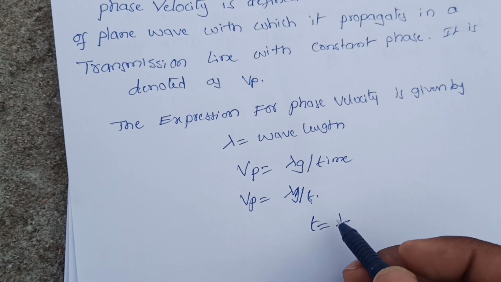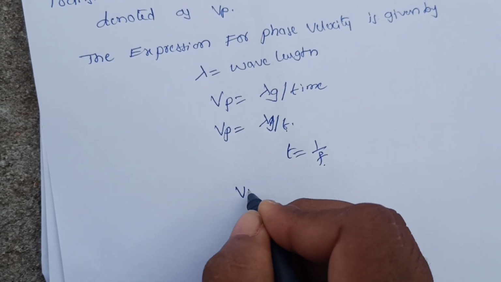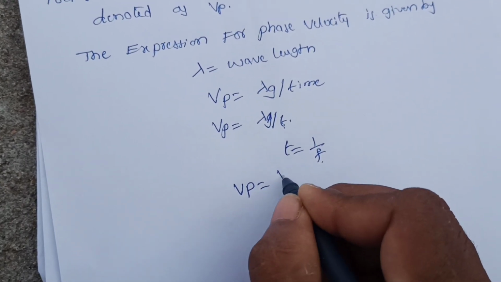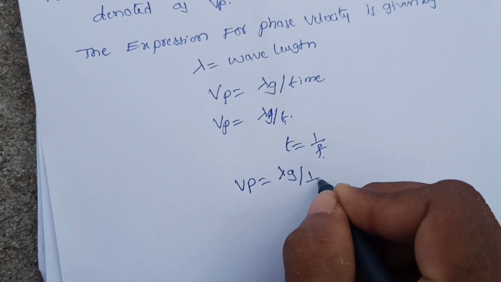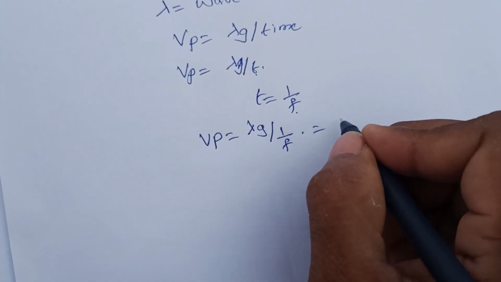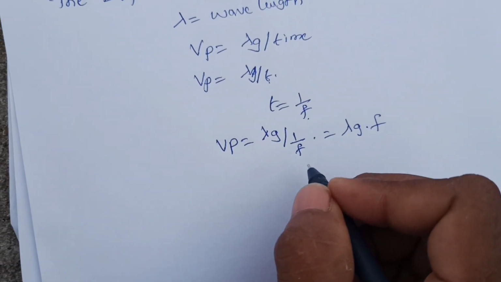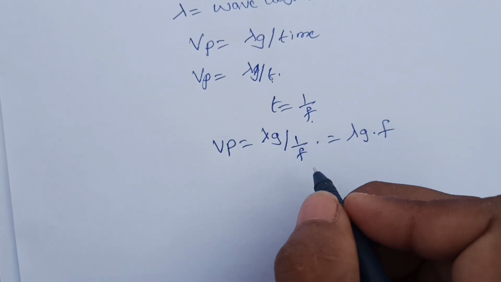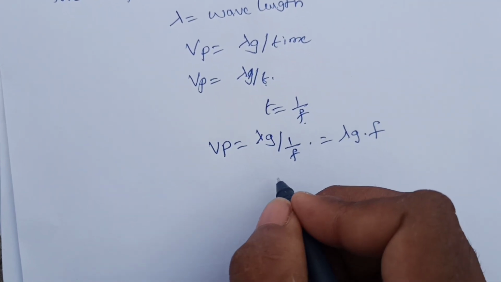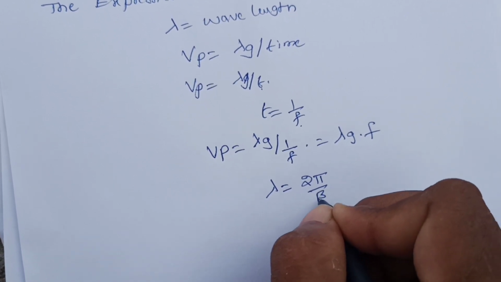Then vp is equal to lambda g by 1 by f, so that is equal to lambda g into f. Here the wavelength lambda is equal to 2 pi by beta.